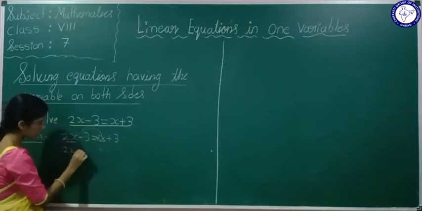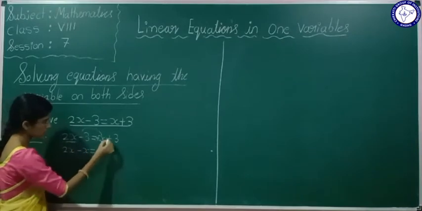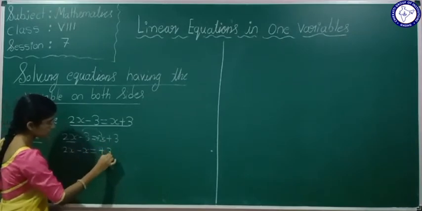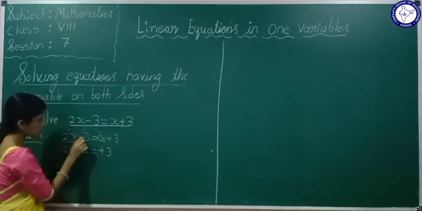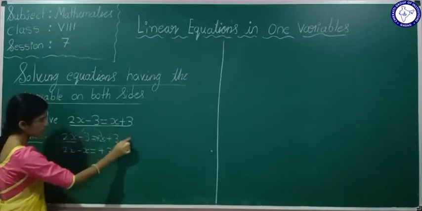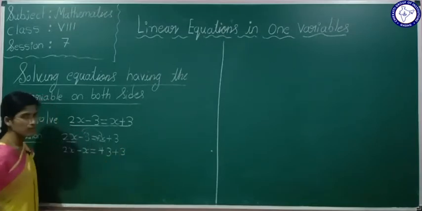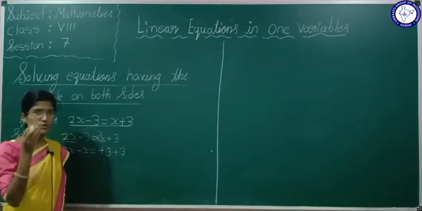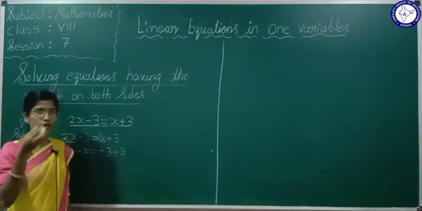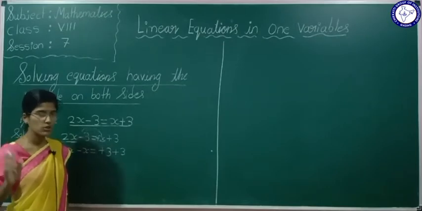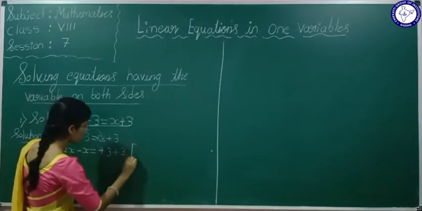It will become minus x is equal to, here plus 3 is there. Transpose this minus 3 to the RHS. It will become plus 3. Transposing means just shifting. When we shift, the sign is going to be changed.